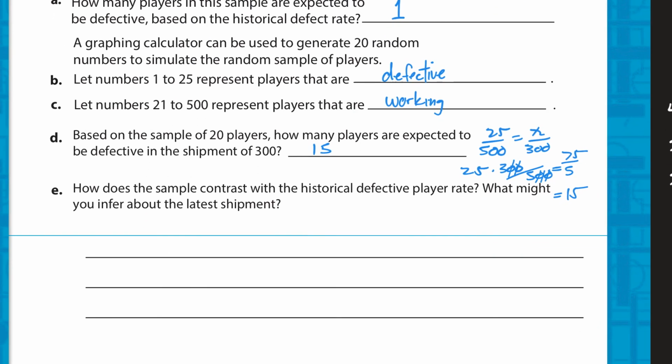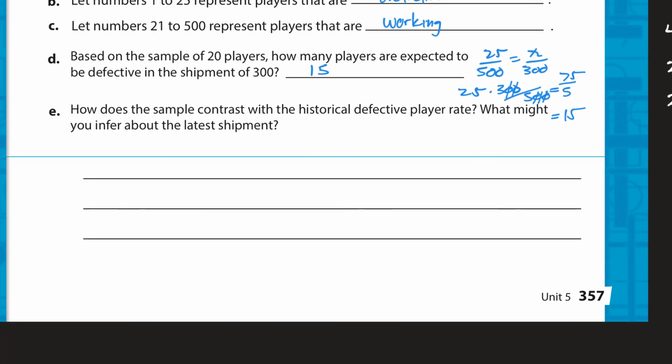And so maybe I'll write it down here. Historical was 25 out of 500, which is equal to, dividing both by 5, 5 out of 100, which is 5%.